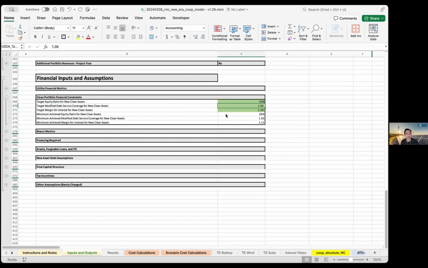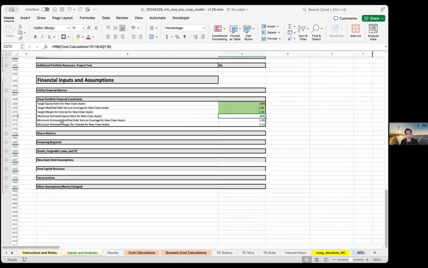Similarly, any modified debt service coverage or margin for interest that you'd like to see met for the financing that's provided and the revenue requirements associated with any given portfolio of assets. These key metrics are entered in here, and you can compare them to the actual outputs of the model to verify that those metrics have been met in any given portfolio in the outputs, and as well up above for any scenario, including multiple portfolios.